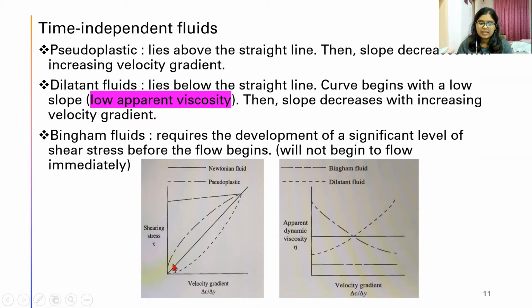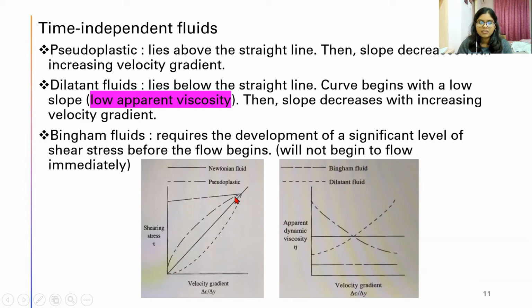The curve of pseudoplastic begins steeper, which indicates a higher apparent viscosity, then the slope decreases with increasing velocity gradient, indicating lower apparent viscosity.